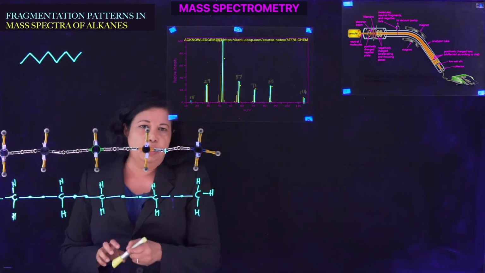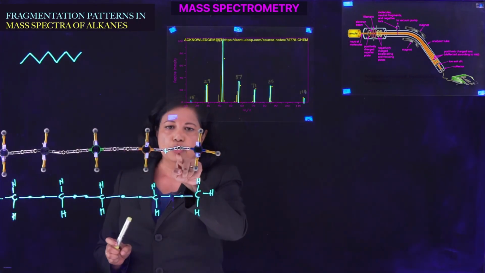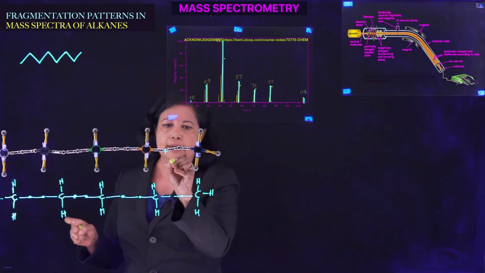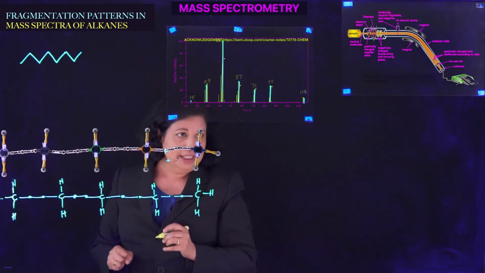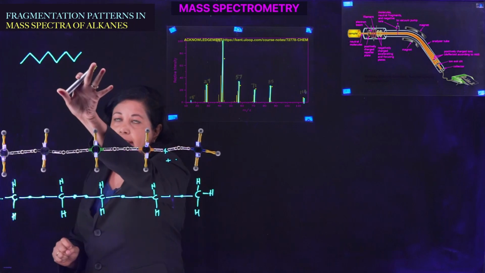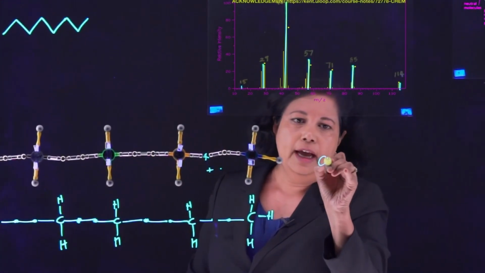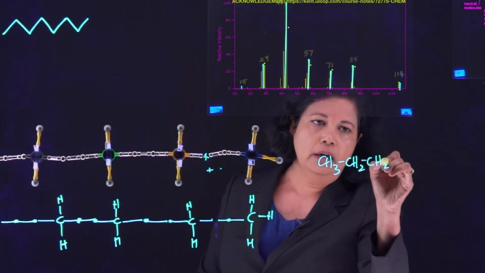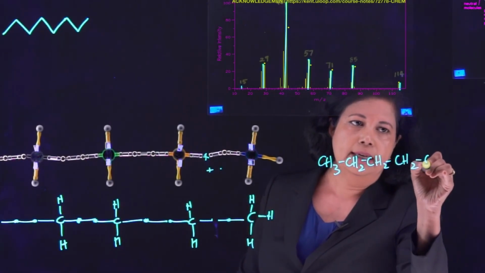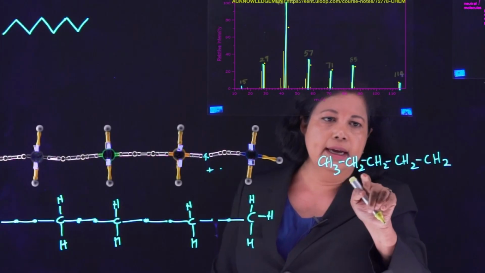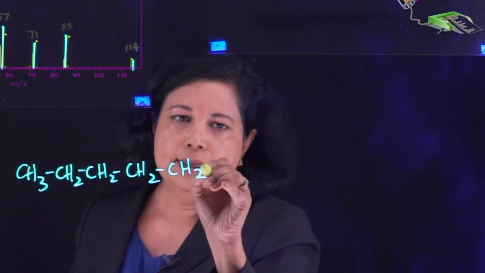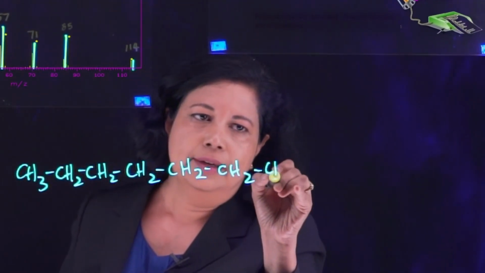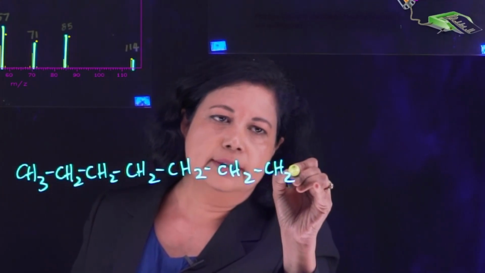Okay, so what we have here is a radical cation. All right, so let's say that's your molecule. You have an octane here, and the octane is coming out as a radical cation after that lightning strike. So here is your radical cation.